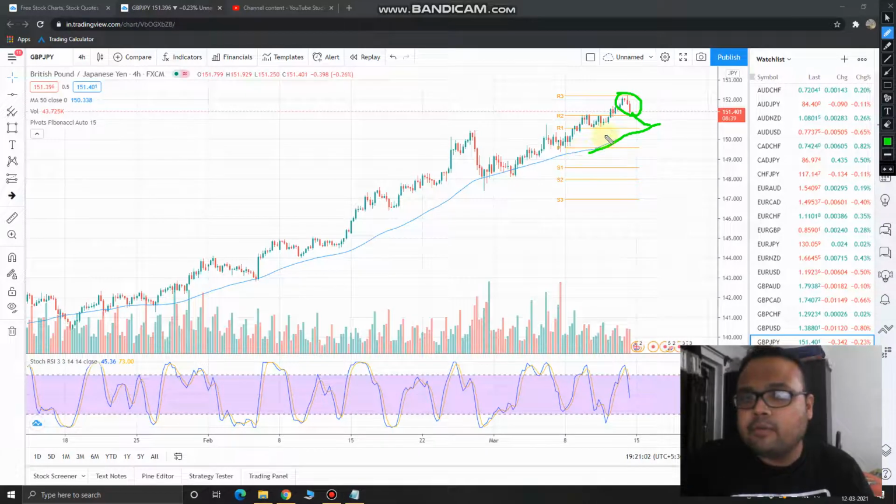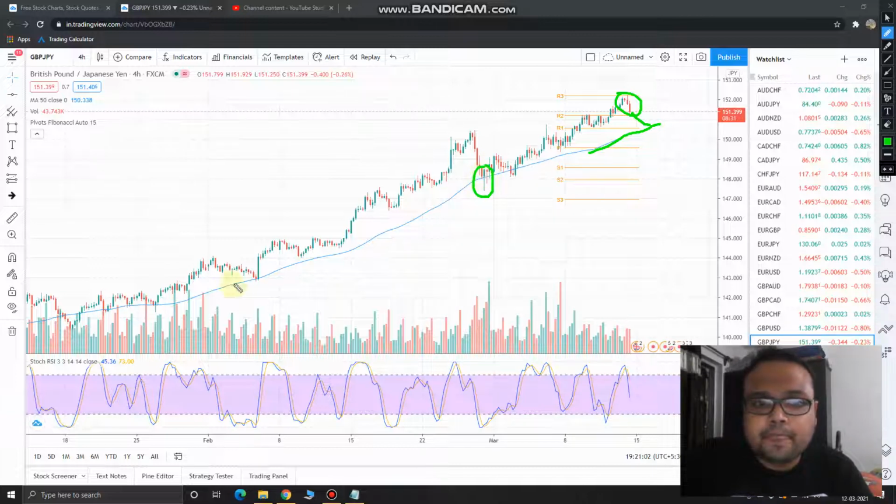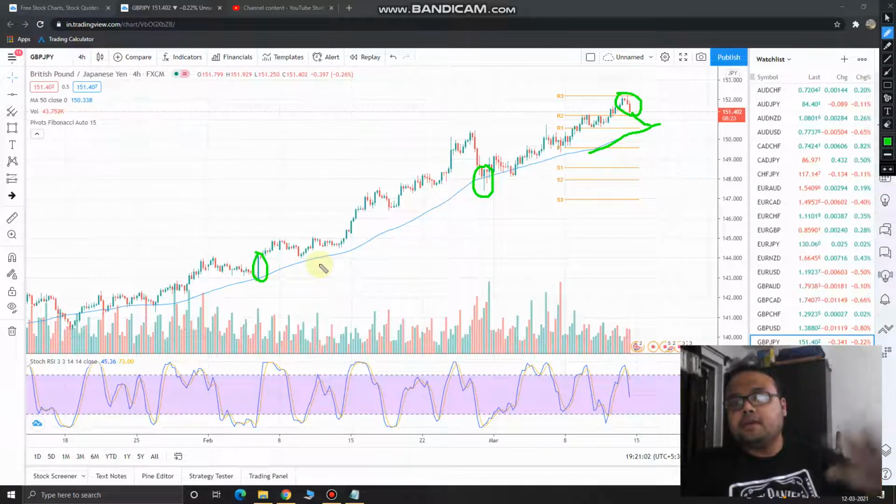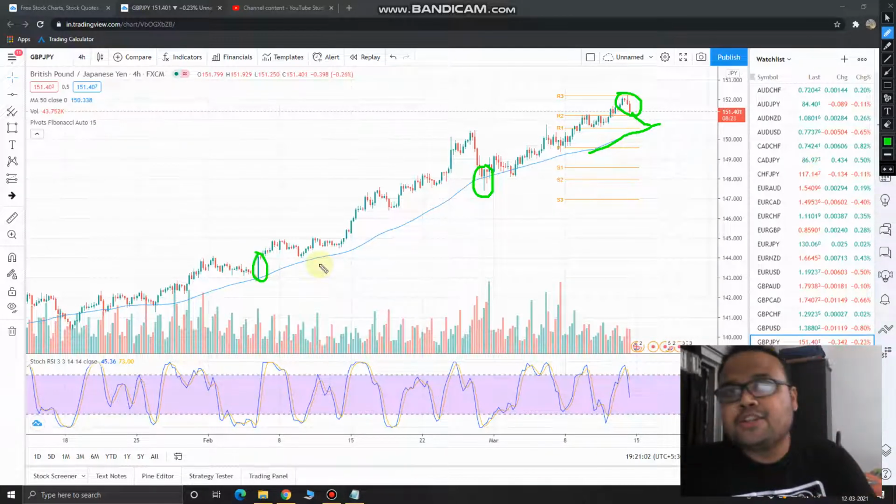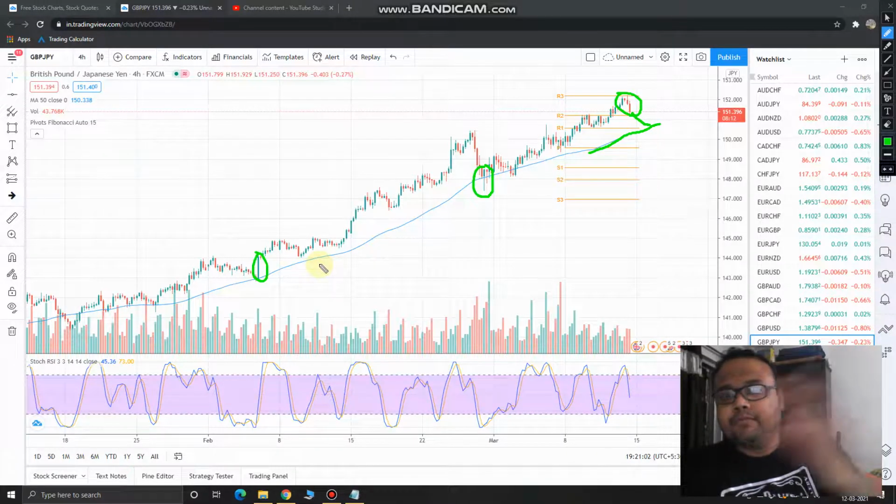So after hitting the 50 moving average, just see whether there is some price rejection from below or not, like this, or a bullish green candle like this. If you see that there is some price rejection from below, that means the buyers are still active and they are not allowing the market to go below the 50 moving average.